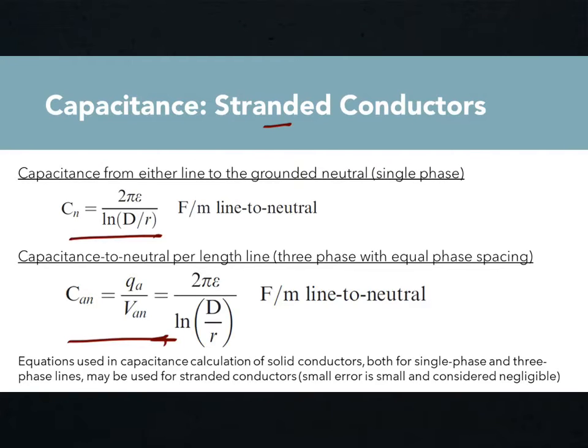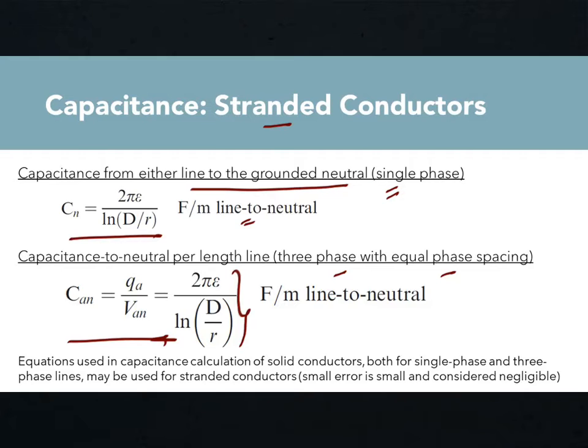That is the same with the single phase. For example, for single phase, 2 pi e over ln D over r. Again, this is line to neutral. For three-phase with equal phase spacing naman, ito rin yung gagamitin: 2 pi e over ln of D over r.